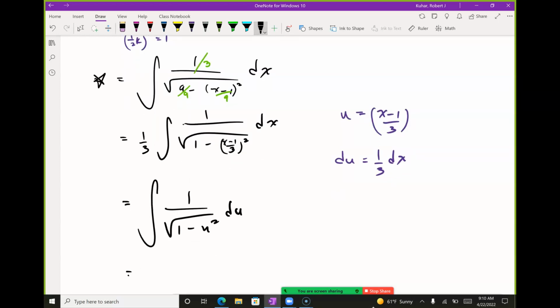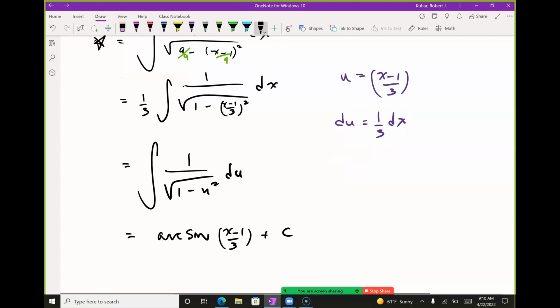Not a problem. So it looks like I finally got it. I got arc sine of x minus 1 over 3 plus c. Yes. Wait, where'd our 1/3 go? 1/3 dx is du. Right here. Oh, okay, that's crazy. Yeah. Okay.